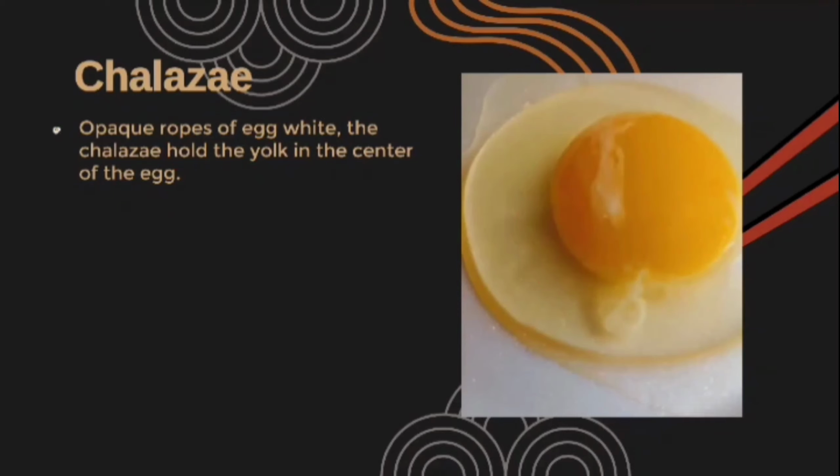Ito yung thin. Asan ang Chalazae? Ito ang Chalazae. This and this. Okay? So, yun yung Chalazae na tinatawag. Ang gamit daw niya is para mapanatili yung egg yolk o yung pula ng itlog sa gitna ng pinaka-itlog na oval pa, yung hindi pa na-crack. Okay, next.